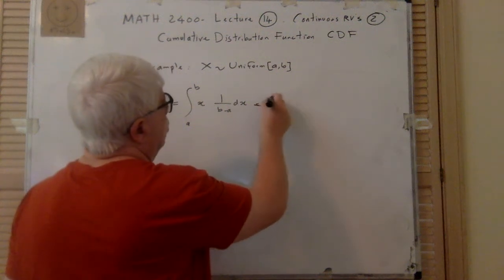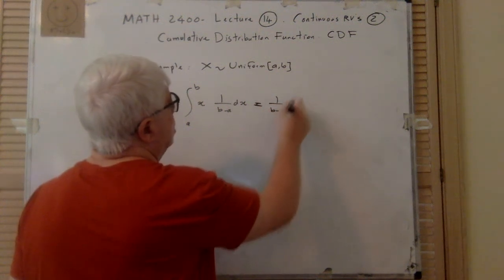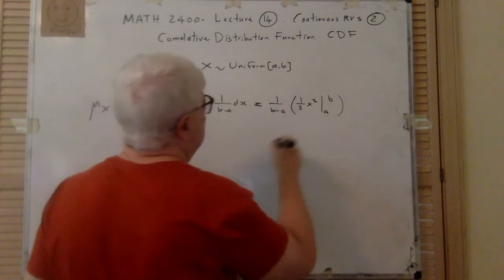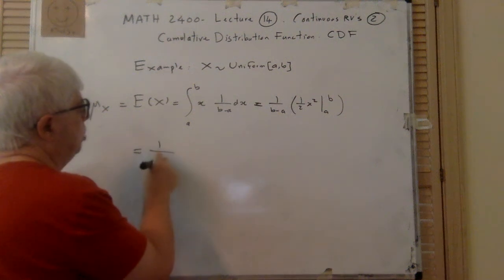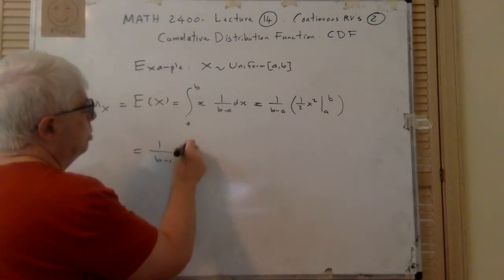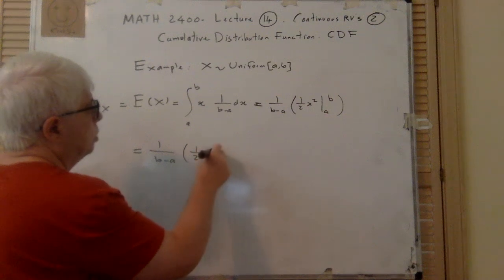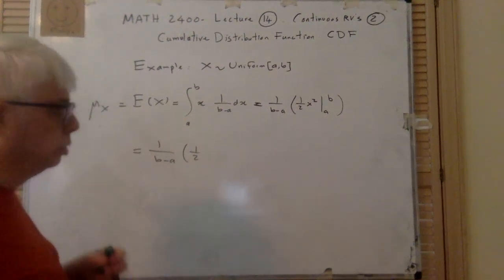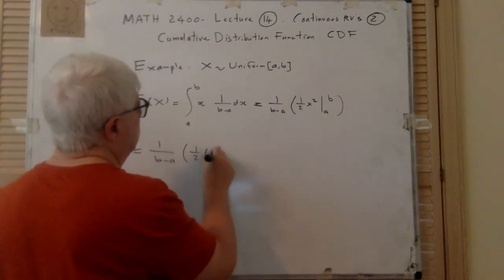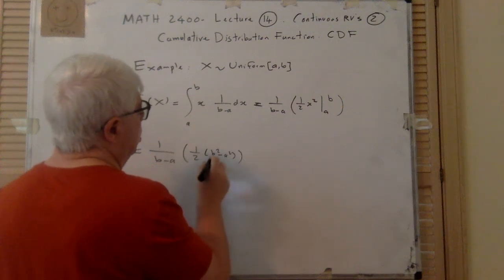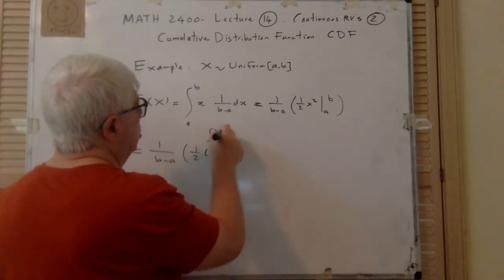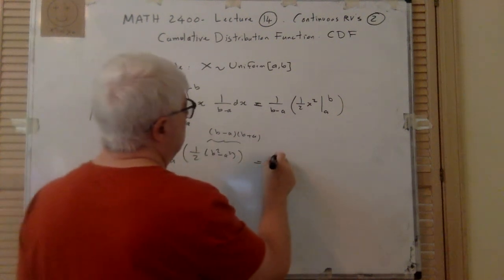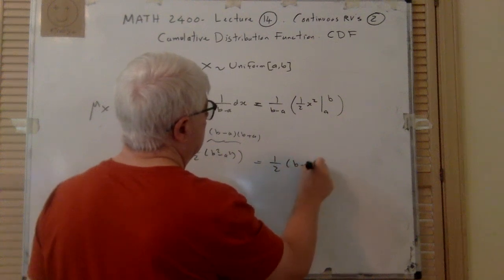So I have 1 over b minus a times 1/2 x squared from a to b, which is 1 over b minus a times 1/2 times b squared minus a squared. But b squared minus a squared is b minus a times b plus a. So the b minus a cancels and I get 1/2 times b plus a.